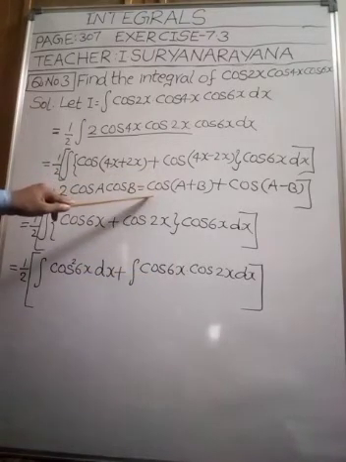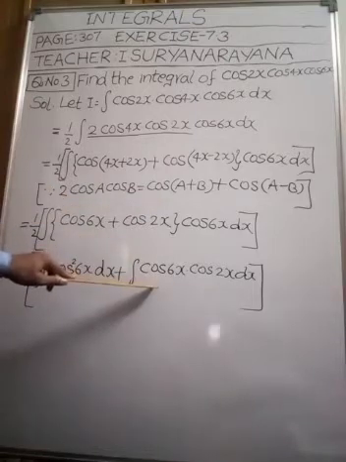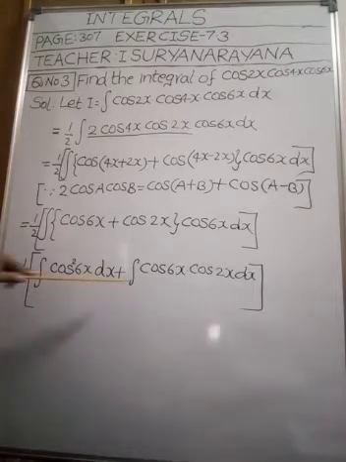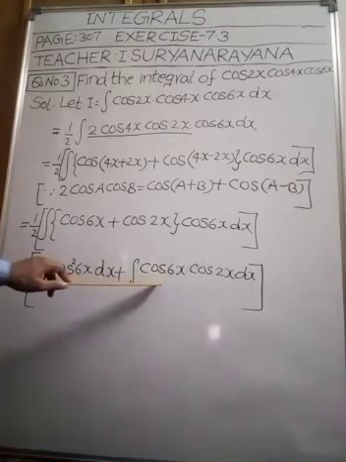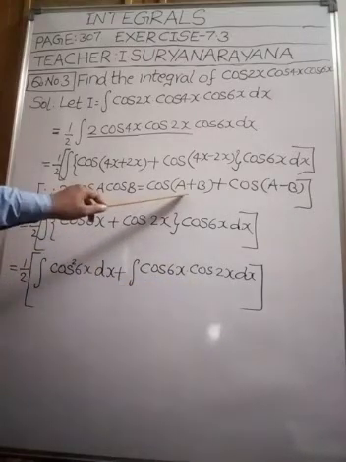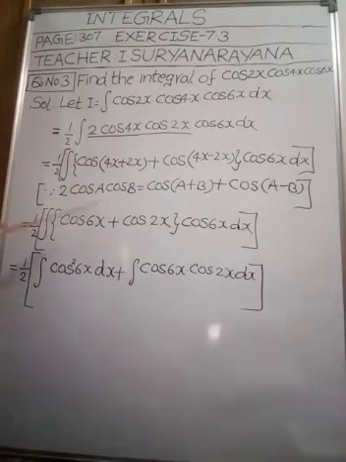These are called transformation formulae. For the first term we use cos square a is equal to 1 plus cos 2a by 2, and for the second term we multiply and divide by 2, then we get 2 cos a cos b. So again we use the same trigonometric formula.